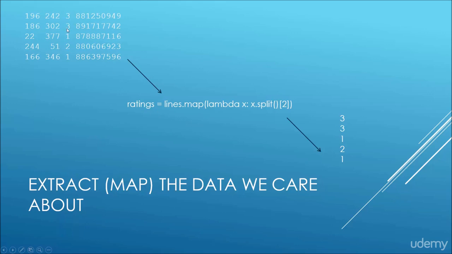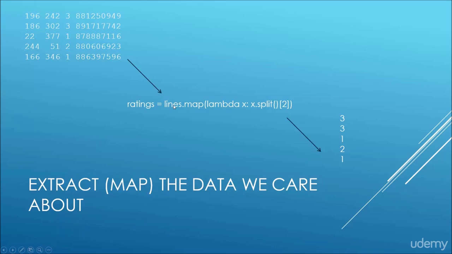So we start with this, and after this map operation, the ratings RDD gets populated with these values. Our new RDD called ratings will contain 3, 3, 1, 2, 1, because those are the ratings values extracted from the source data. It's also very important to remember that the map function and all the action functions don't transform the RDD in place, so your lines RDD remains untouched.